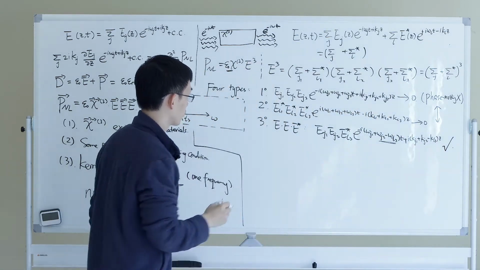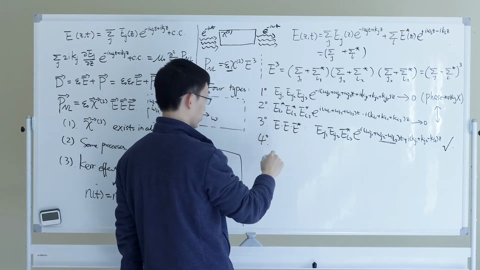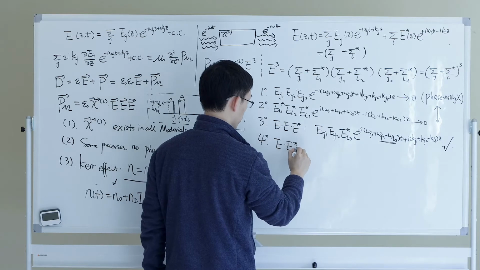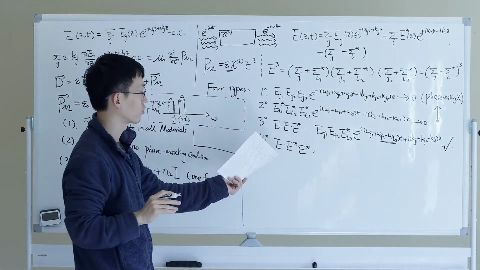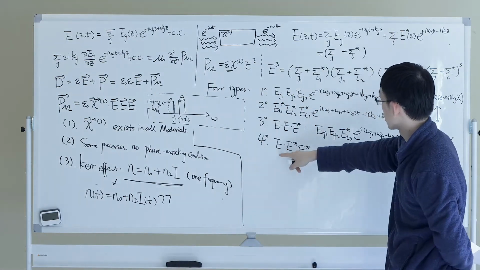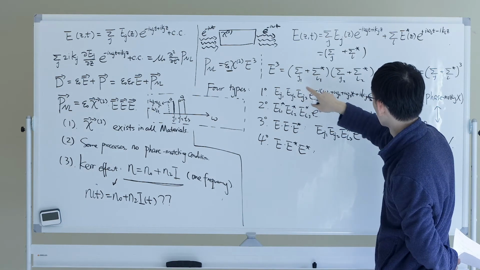And the fourth one, of course, you can imagine is the conjugate of this one, which would be one positive component and then two conjugate components. So not one normal component and then two conjugate components. Here we use an example. We can pick J1 as the first one, which is normal.